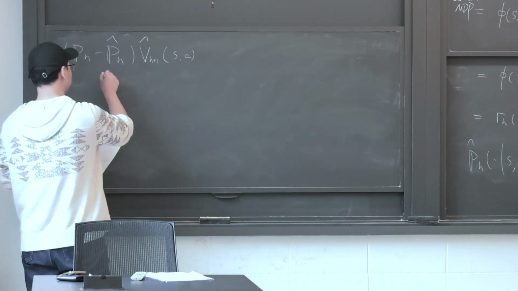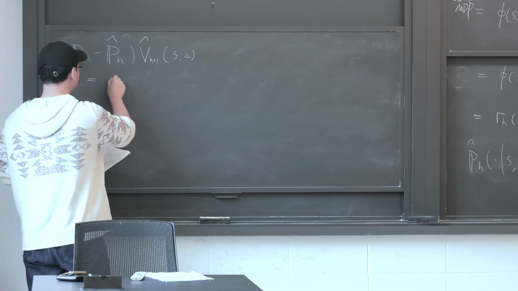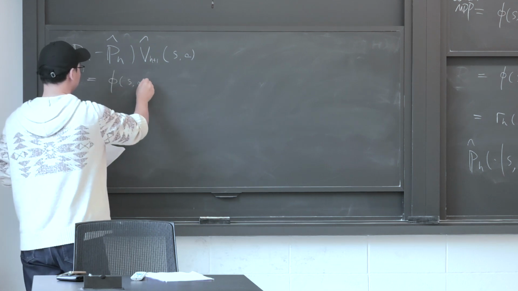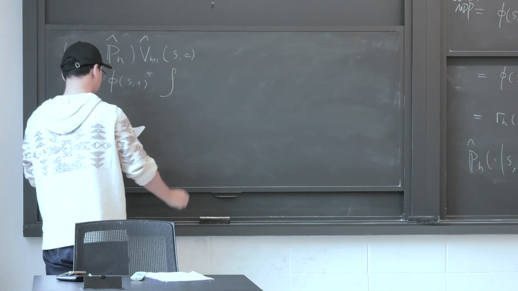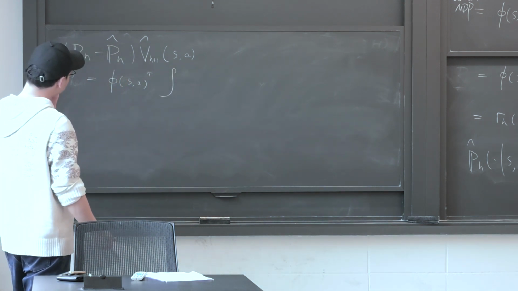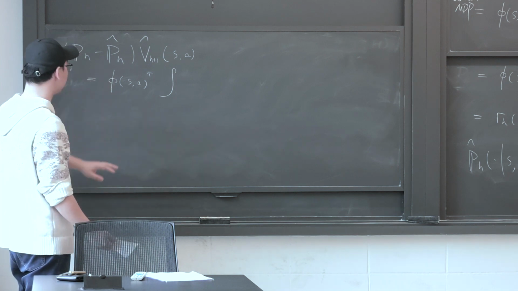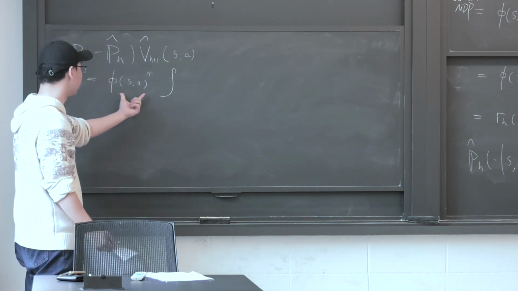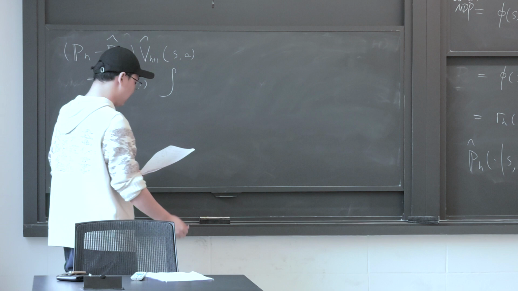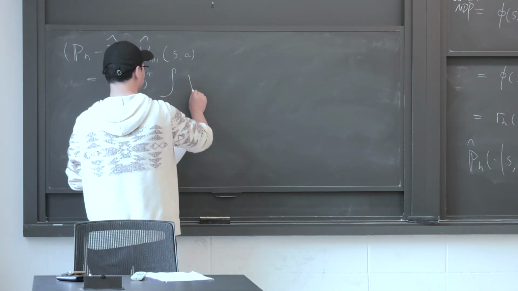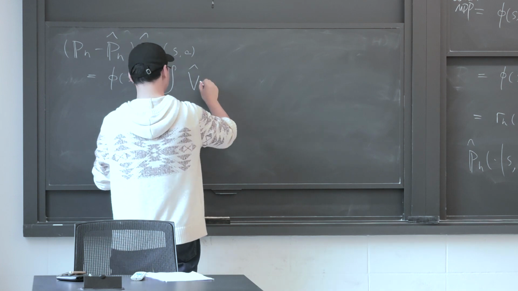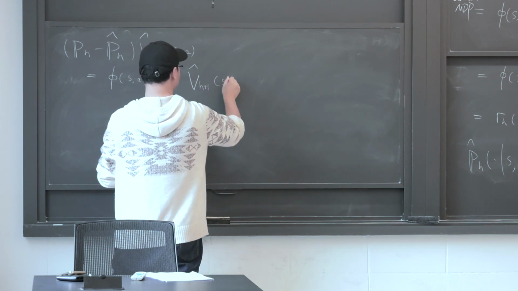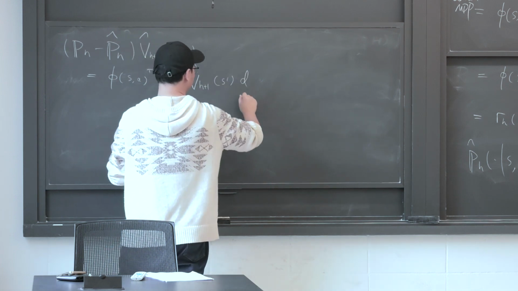First, we write our definition. This is equal to phi SA transpose. The first thing is a standard transition probability. We know transition probability is the inner product of phi and some probability measure mu. So this is equal to the inner product of phi and the integral of VH plus 1 S prime d mu S prime.